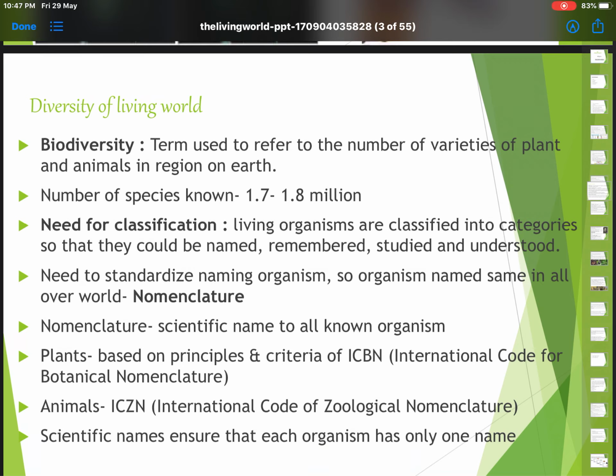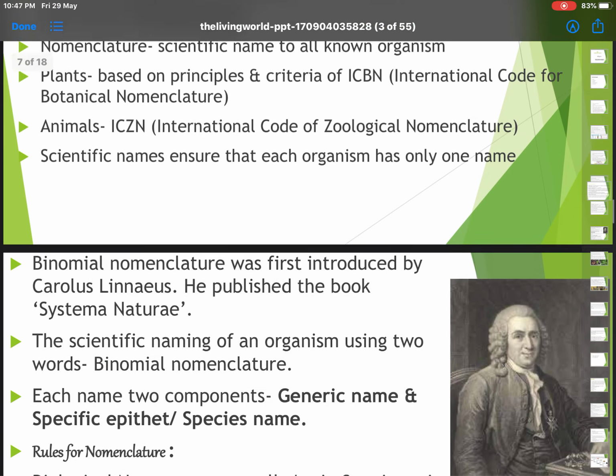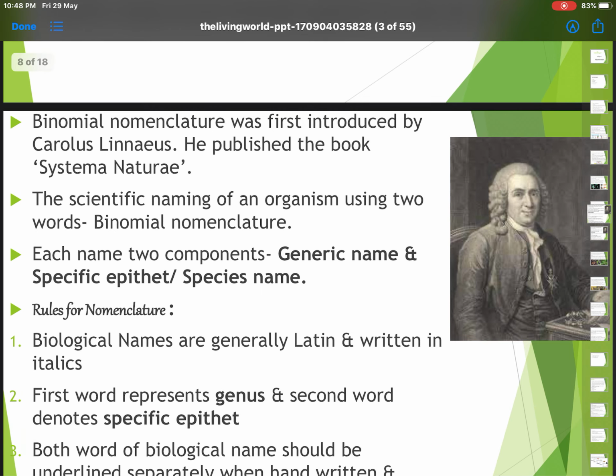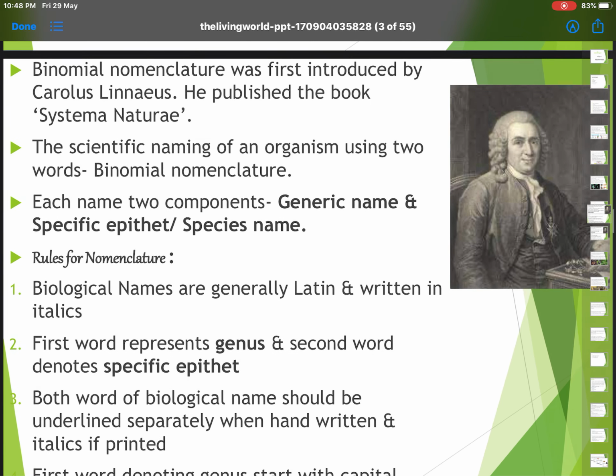Hence, scientific names ensure that each organism has only one name. So we must be thankful to this gentleman. Binomial nomenclature was first introduced by Carl Linnaeus. Remember this great man's name. He published a book, Systema Naturae. The scientific name of an organism using two words is called binomial nomenclature.